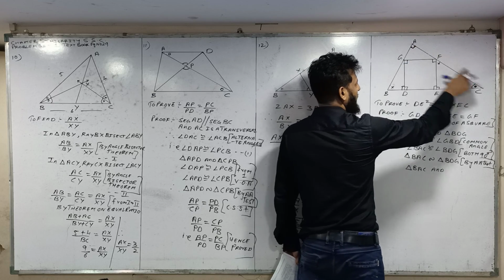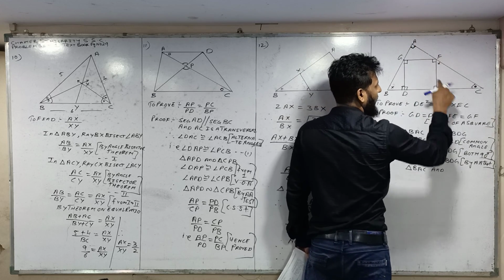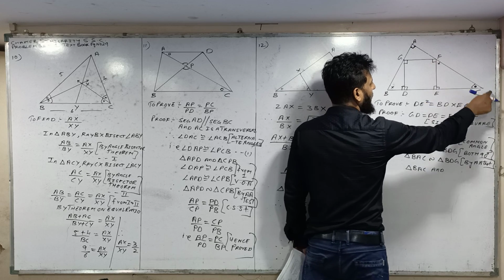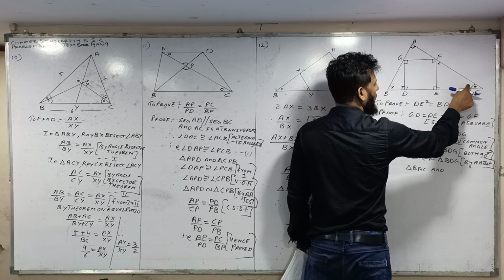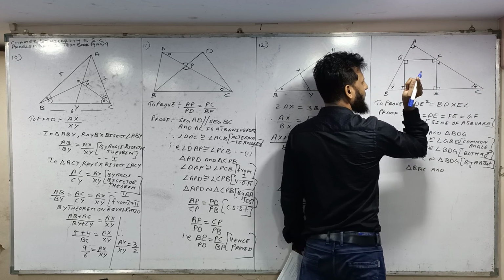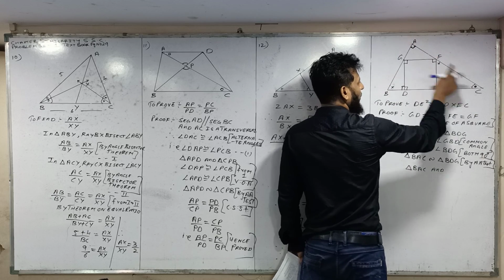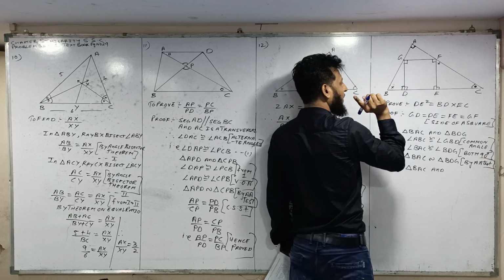So when I am taking this triangle and this triangle, C is the common angle for CEF and BAC. So in this triangle this is common, 90 degree, third angle is this, and in this triangle common angle, 90 degree, third angle is this.